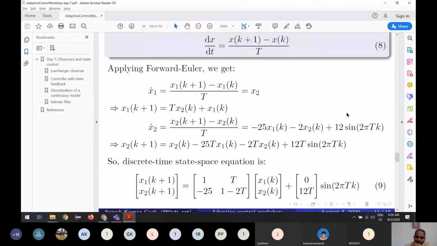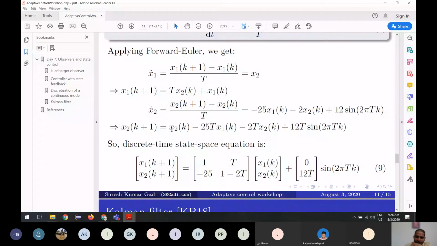So this is minus 25 times x1 minus 2 times x2 plus 12 times the sine wave.